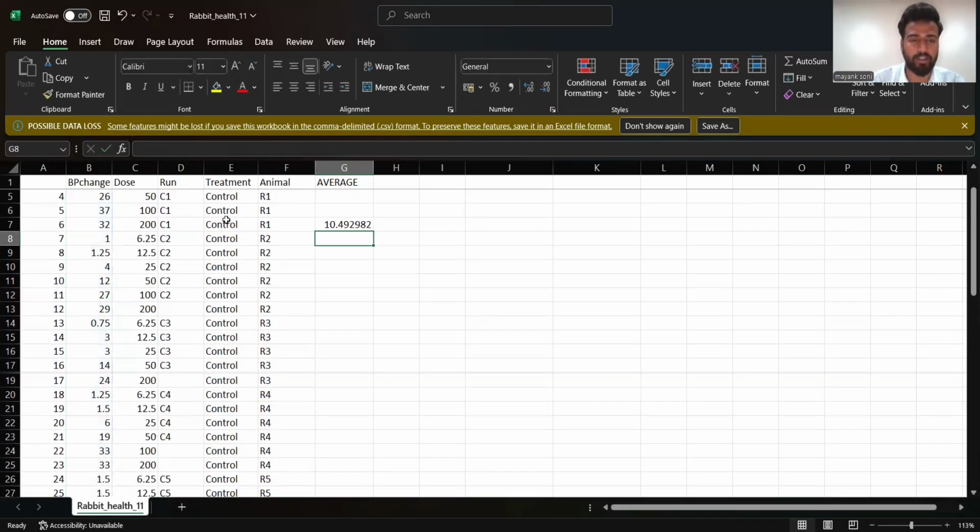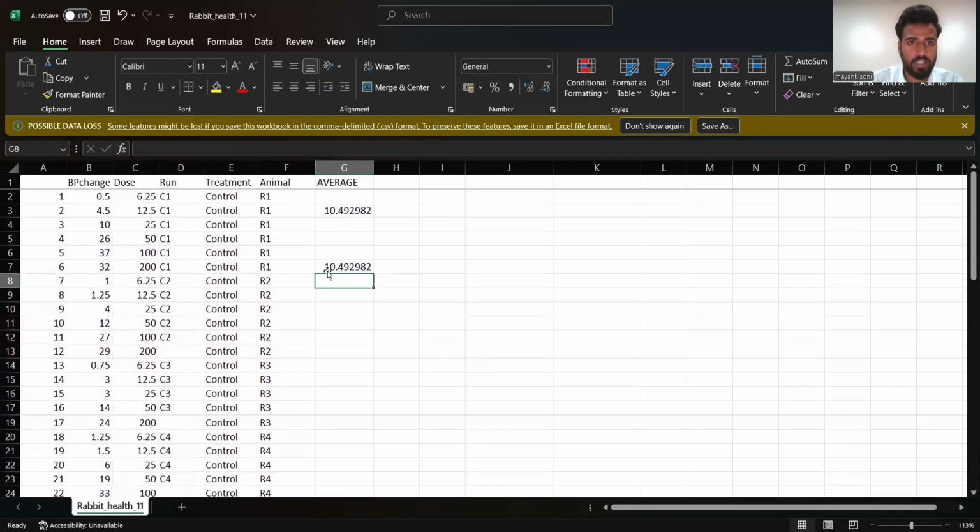Close the bracket, then enter. Same average because we are taking the same data, but you can see the formula is different after the calculation, on the right side of the function.